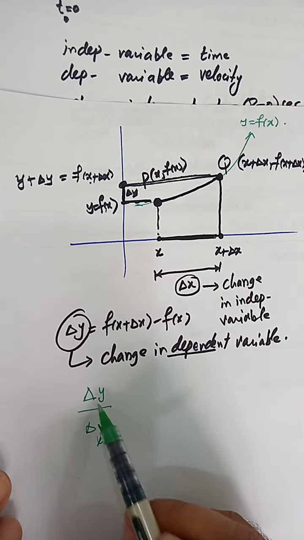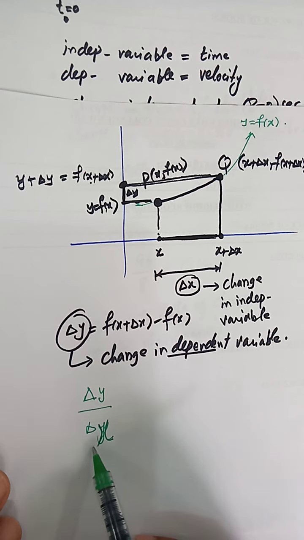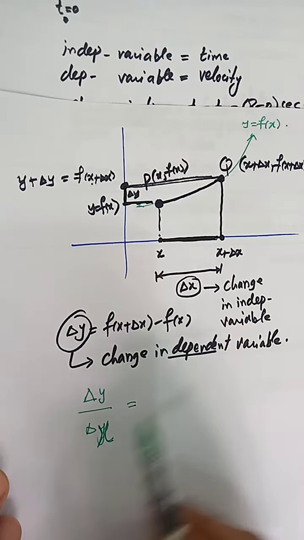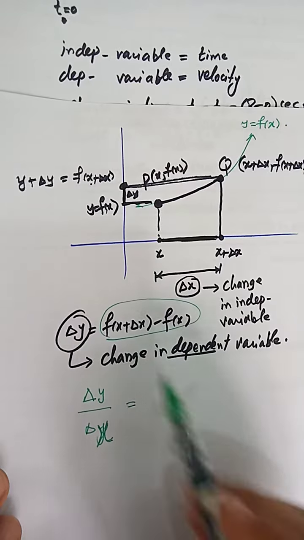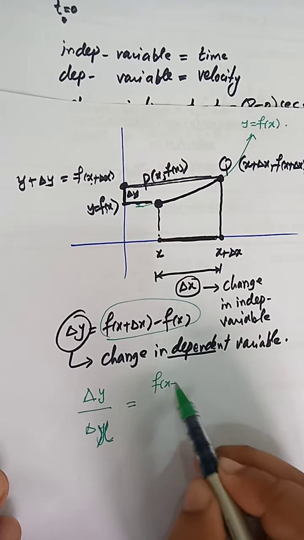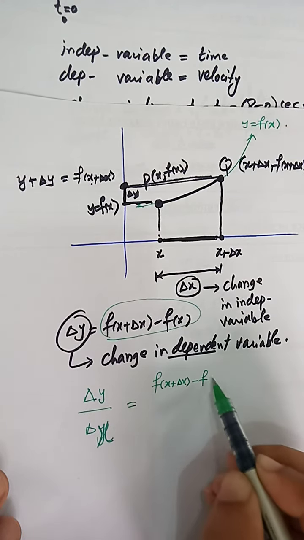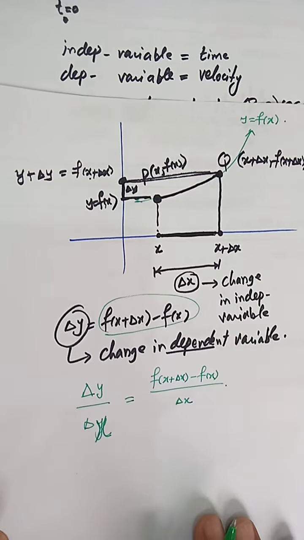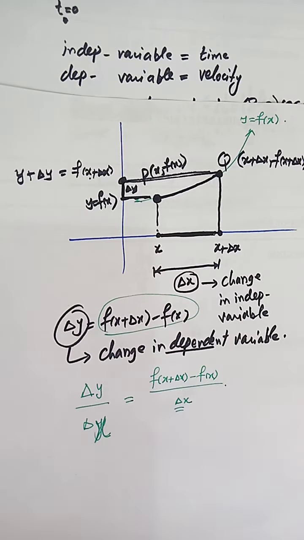That is change in dependent variable and that is change in independent variable. और वो हमारे पास क्या होगा, change in dependent variable is this f of x plus delta x minus f of x divided by delta x, and that is the change in independent variable.